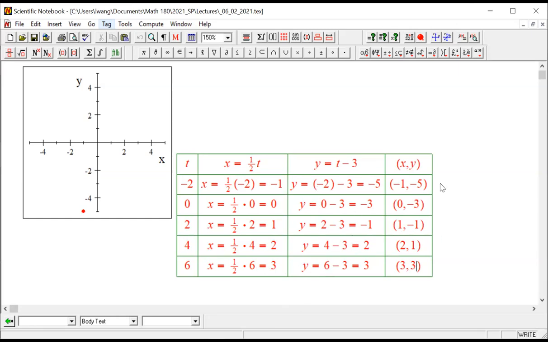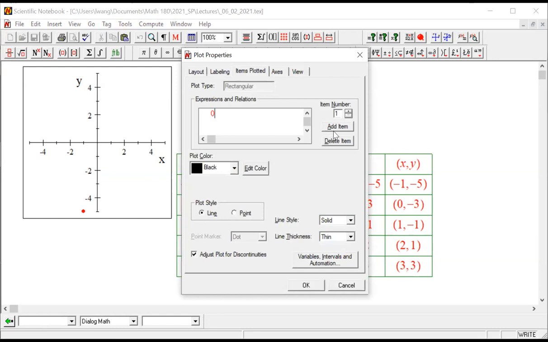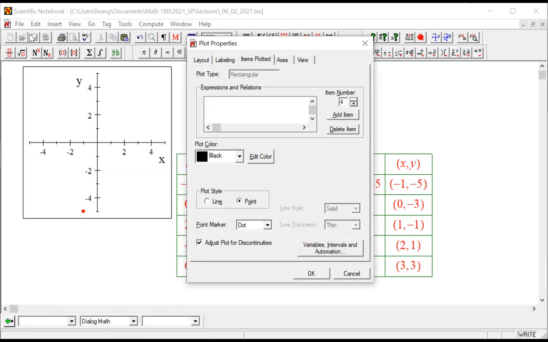So we're going to plot points after points. Dot. Another one, (1, -1).